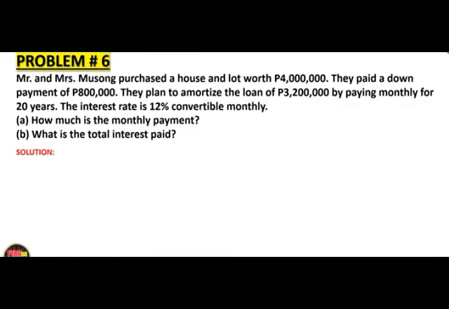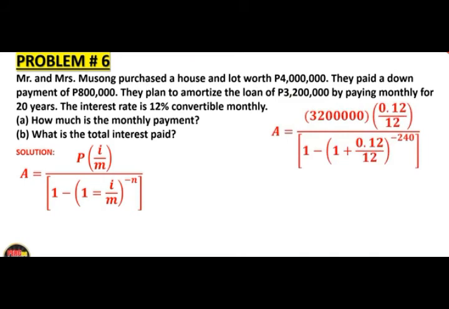So the solution for this problem, we will use again the formula for annuity in which we solve the A value. The A is the monthly payment. So the P in the formula represents 3.2 million in the problem. i represents 12%. m represents monthly, therefore m equals 12. So substitute the given in the formula.